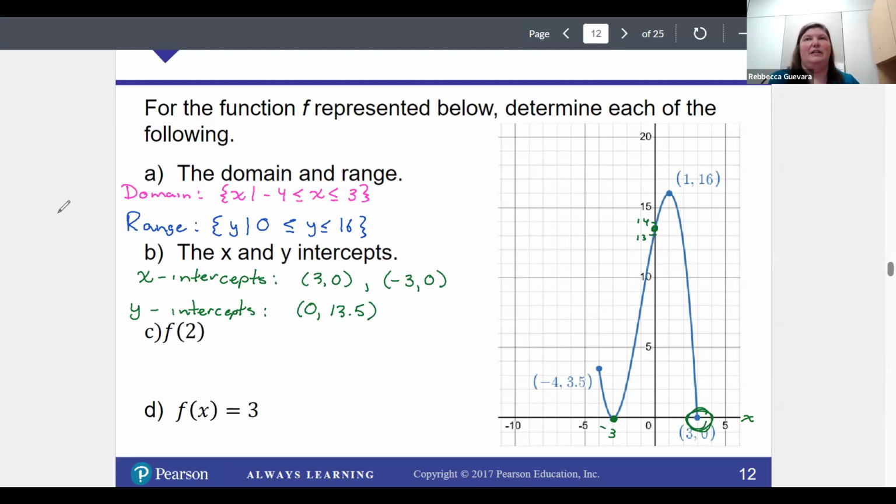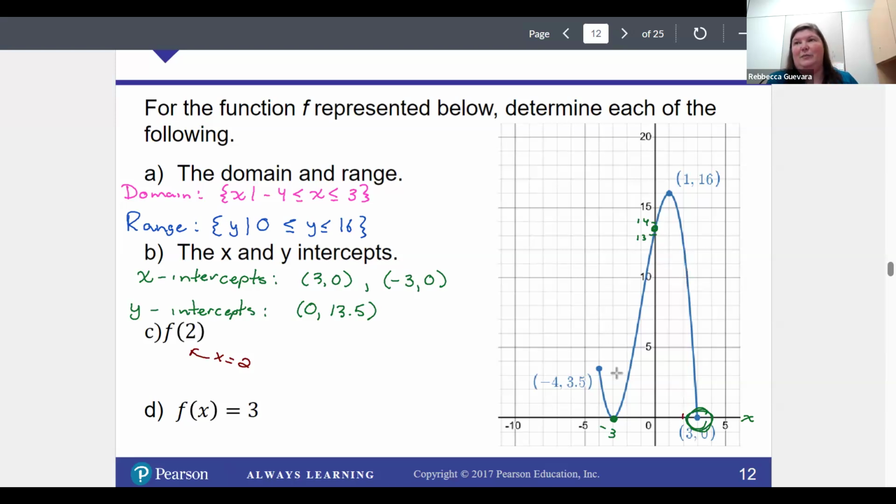All right, then next, f of 2. This is telling me this is when x is 2. When x is 2, which is here, we come up and we hit, I think right here. It's a little hard to tell.